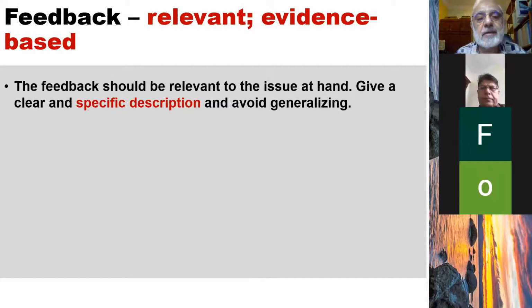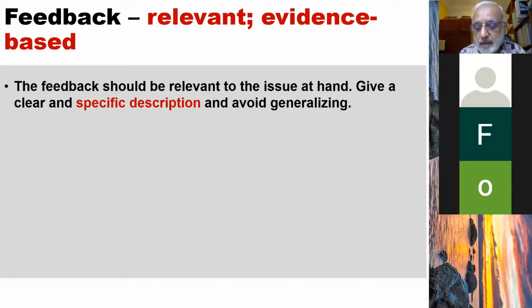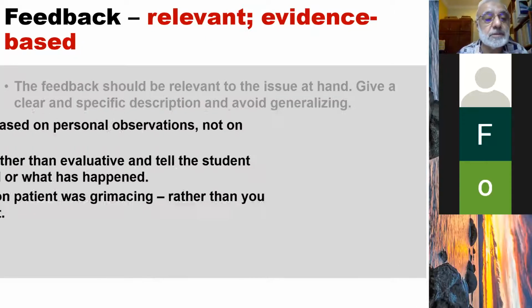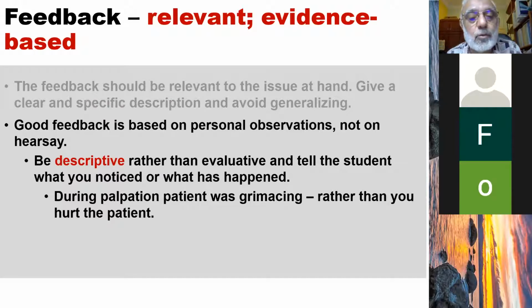While giving feedback, we should be talking about a particular incident only and not other situations. Good feedback is based on personal observations, not what others say. We should be descriptive rather than evaluative and tell the students what we noticed or what has happened. That means we should be informing only and should not be judgmental in our statement.